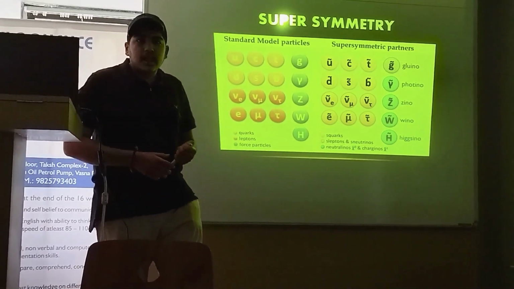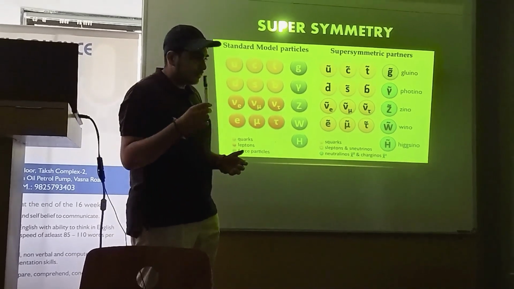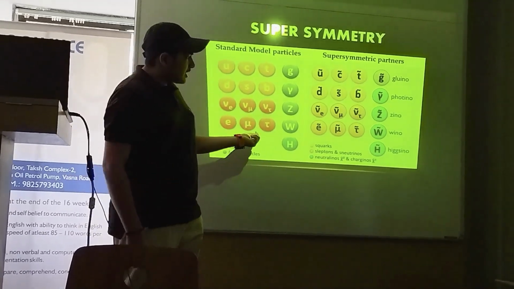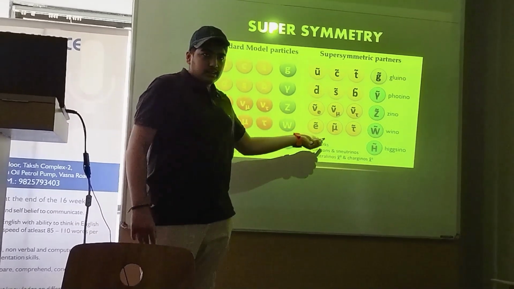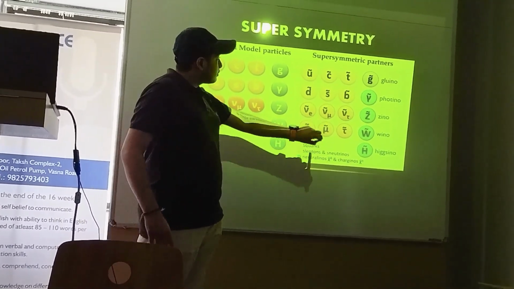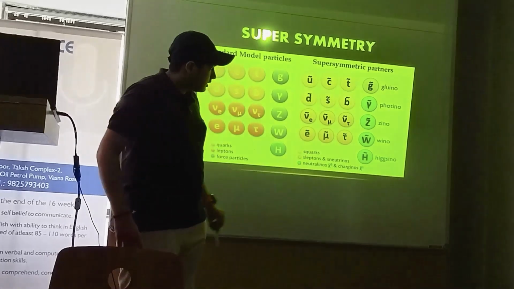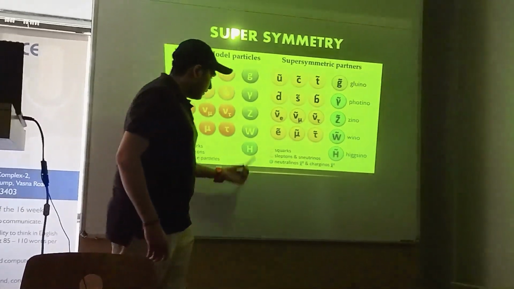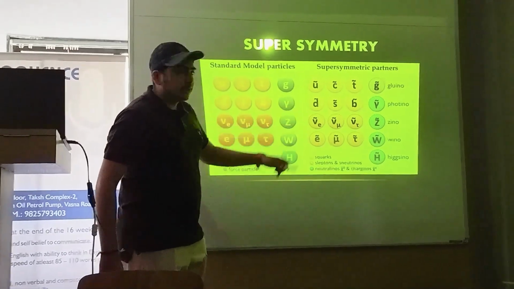String theory requires 11 dimensions, so we consider that other universes have 11 dimensions. For that to work, the standard particles should have an exact mirror image. That is the supersymmetric particles. You can see the Higgs boson particle is Higgs, and other things, and the graviton is in it.